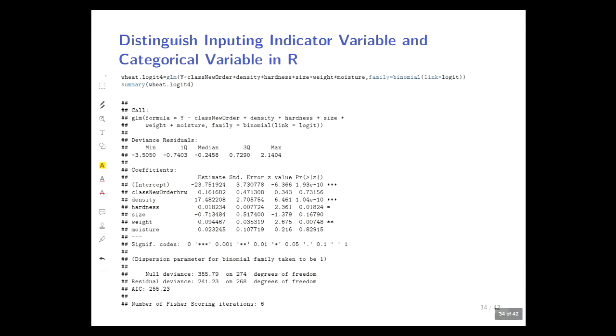Now if you put this new order class variable in the regression, you will obtain class new order HRW. What's the meaning here?